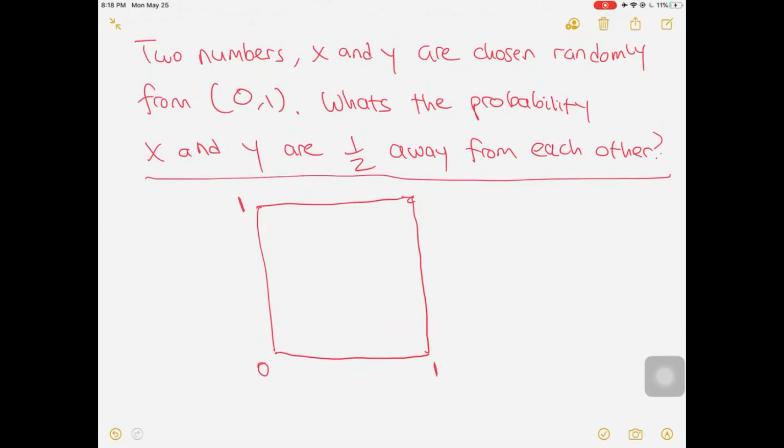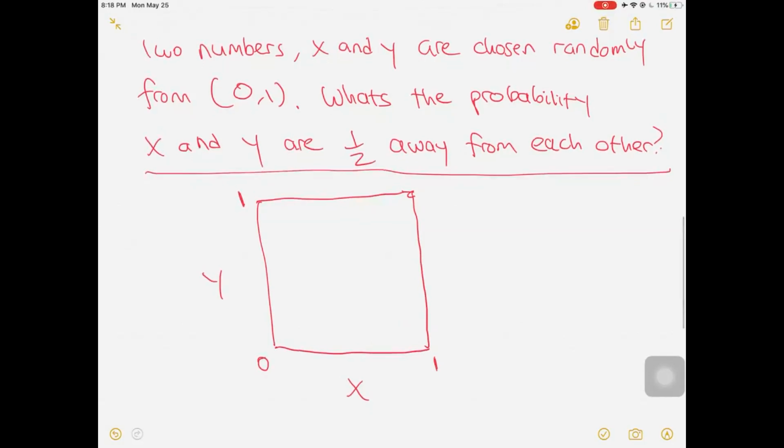Basically, we want to shade the region such that our X value and our Y value are 1/2 away from each other. Oh, Justin got it right. Good job. Yeah, I just saw that. So we want to shade the region such that X and Y are 1/2 away from each other.